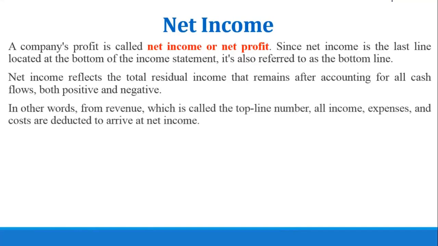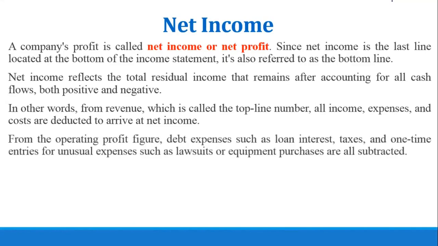Okay, so in other words, from revenue, which is called the top line number, all income, expenses, and costs are deducted to arrive at net income. Ayan. So from the operating profit figure, debt expenses such as loan interest, taxes, and one-time entries for unusual expenses such as lawsuits or equipment purchases are all subtracted. Ayan.